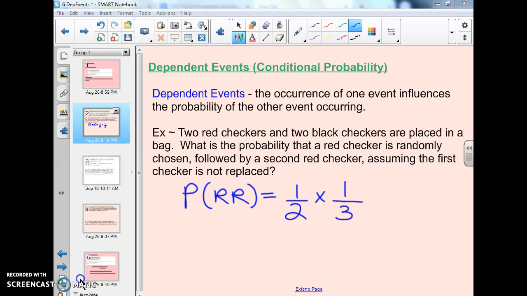So my probability of choosing a second red is going to be 1/3. And then we still multiply those together to get our final probability. Okay? So see how when you do not replace, that changes your second probability, whereas yesterday it would have remained constant, 1/2 times 1/2.